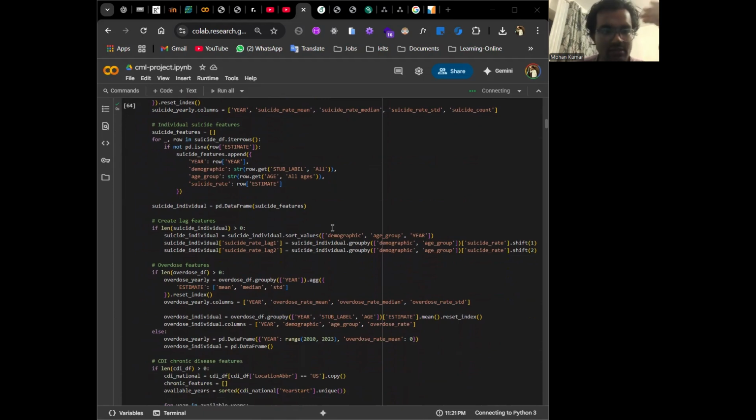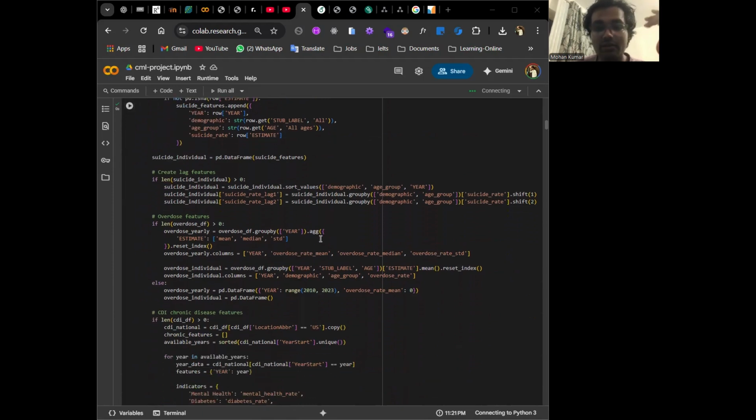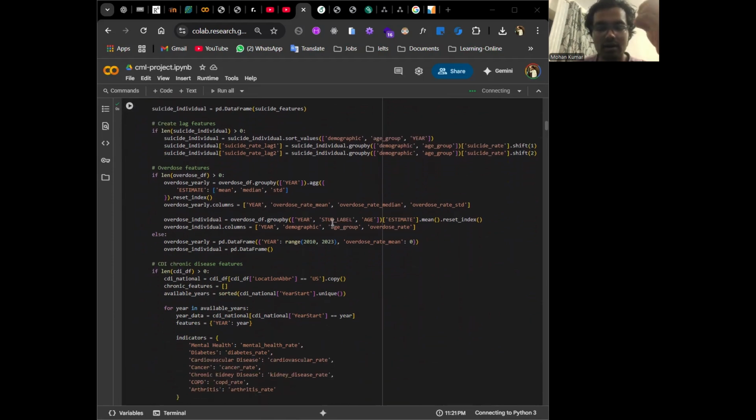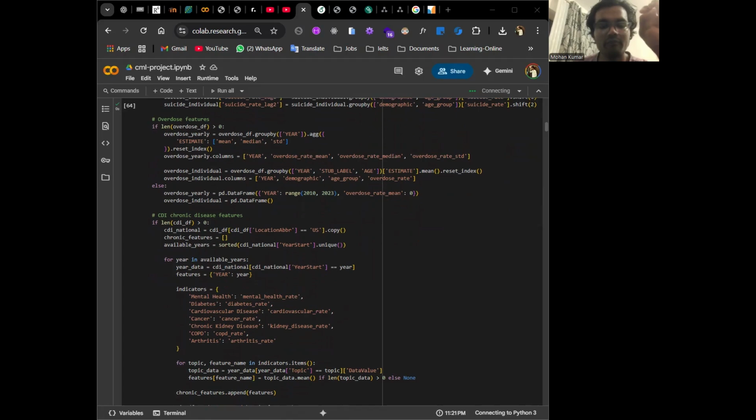We also introduced a population average feature, chronic disease indicator features like rate of diabetes, heart disease, and etc. And for the demographic codes, we converted text categories to numeric for the machine learning models to train.